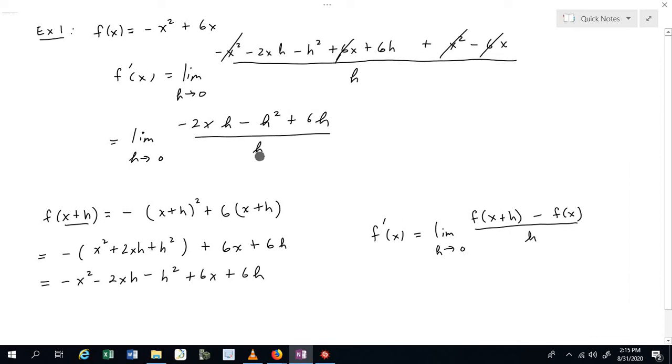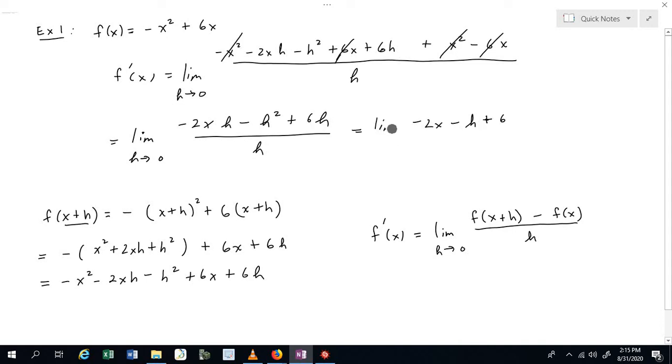Okay, and so for that reason, I can cancel the h on the bottom because this h divides all 3 of those terms. Okay, so you're just left with negative 2x here. You're left with 1h on top here, so minus h. And then these 2 h's cancel, and you're just left with plus 6 here.